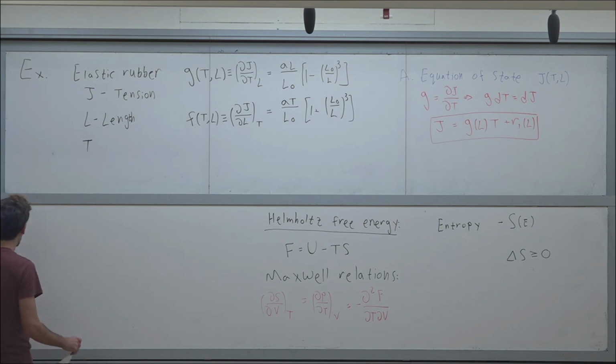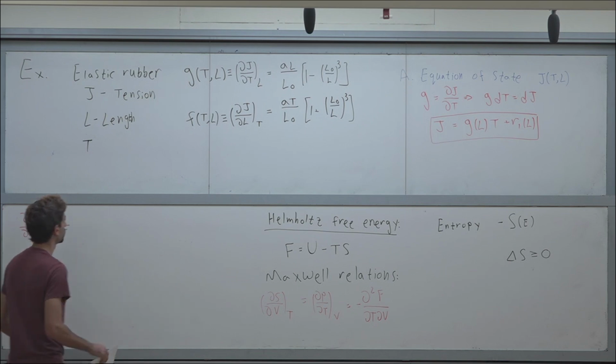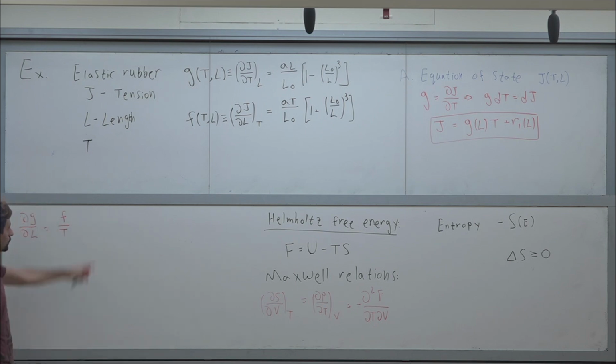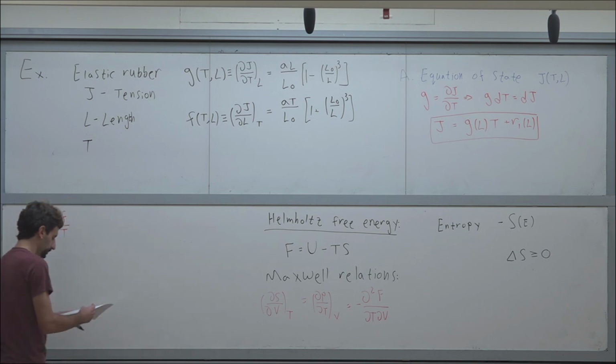In addition, you can check that dG over dL equals F over T. If you take G and take its derivative with respect to L, you get exactly F up to the temperature dependence.